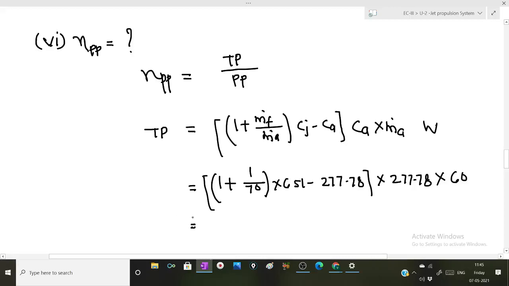So solution of this, thrust power comes out 6,375,384.34 watt.